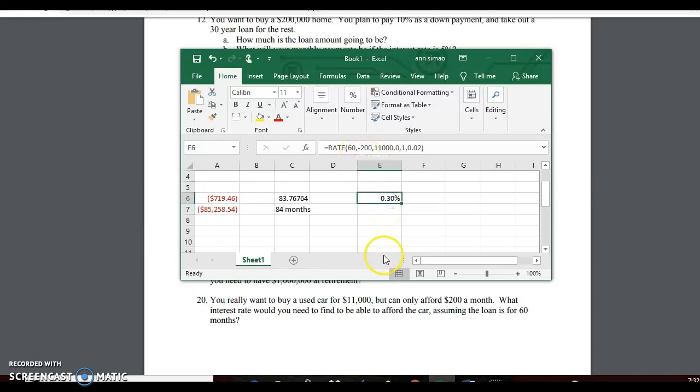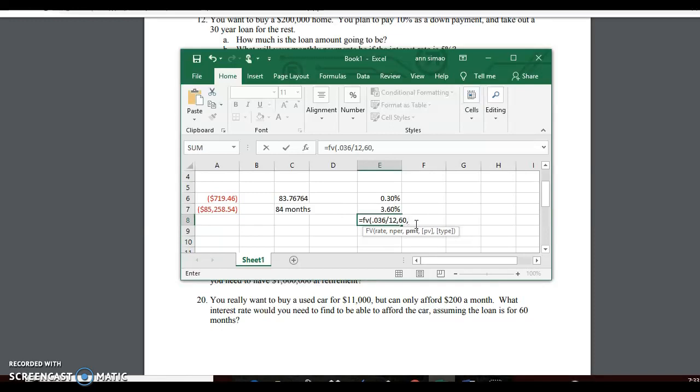Remember to put that payment in as that negative. So my annual rate would be to multiply that by 12, because remember we've been dividing by 12 to bring it down to our monthly to enter. Well, this is going to be to multiply by 12 to bring it back up. What I always recommend here, well, I want my future value of, my rate is 0.036 divided by 12. My number of payments was 60.